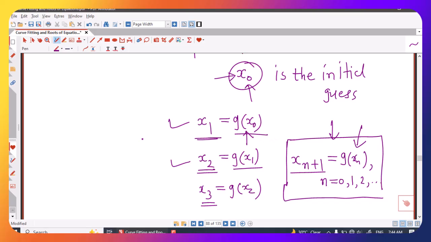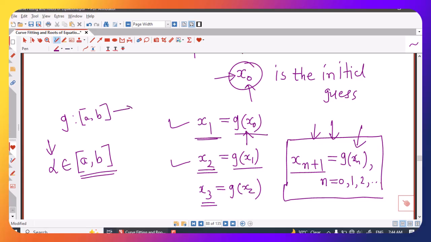Similarly, we have to find out that if this sequence converges, then this root will lie in which interval. We also have to determine the interval in which the exact root, say alpha, of the given equation lies, and our iterative function g will be defined on that interval.